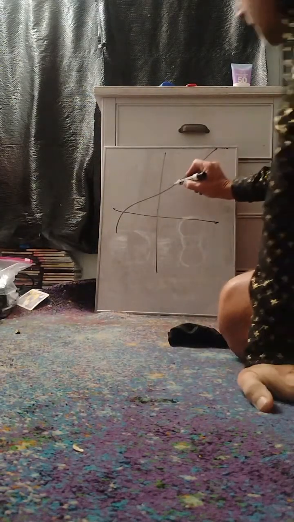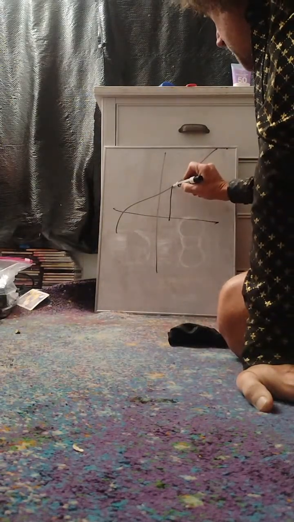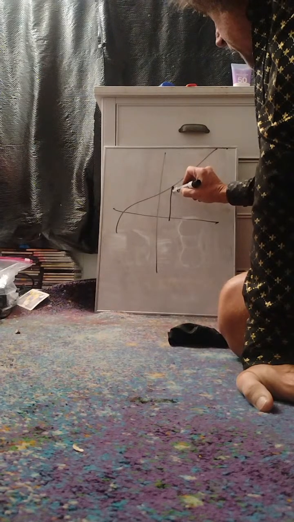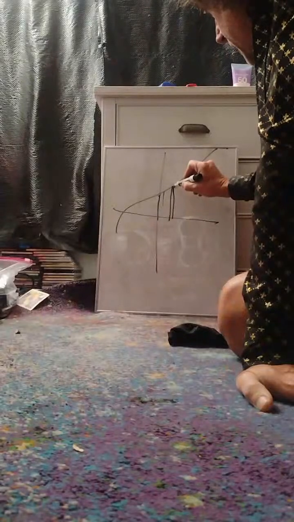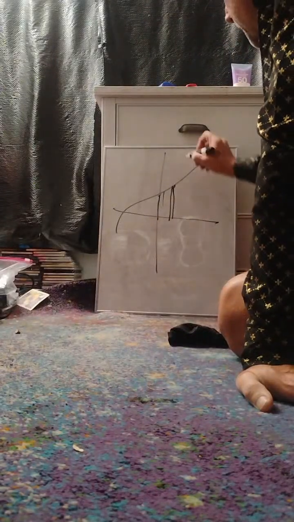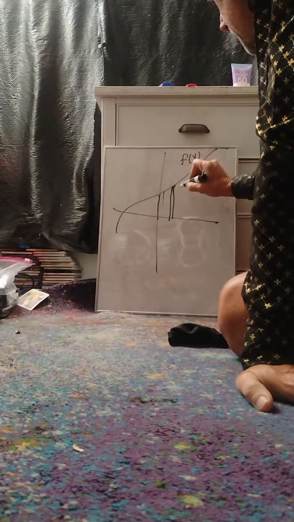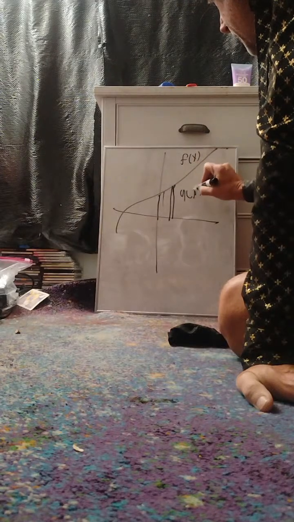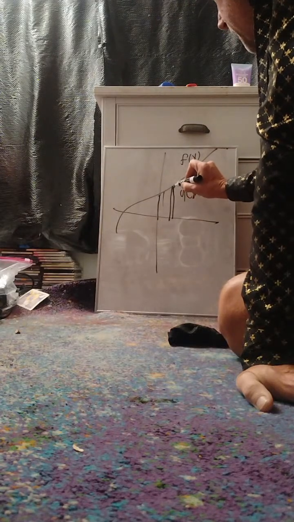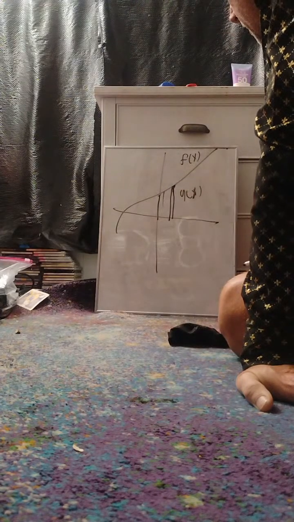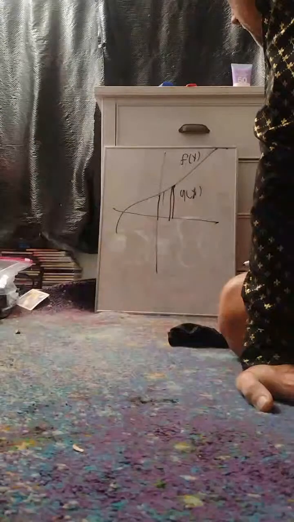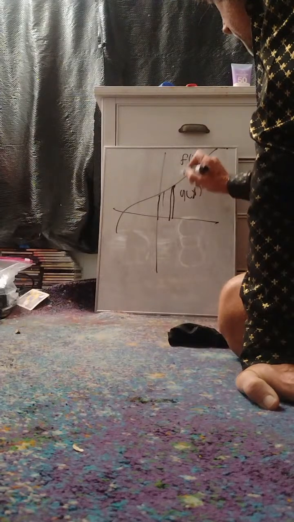Well, the area under the curve is changing at the rate of the function itself. So if you call this f of x and you call this function g of x, then the rate of change of g of x is equal to f of x.